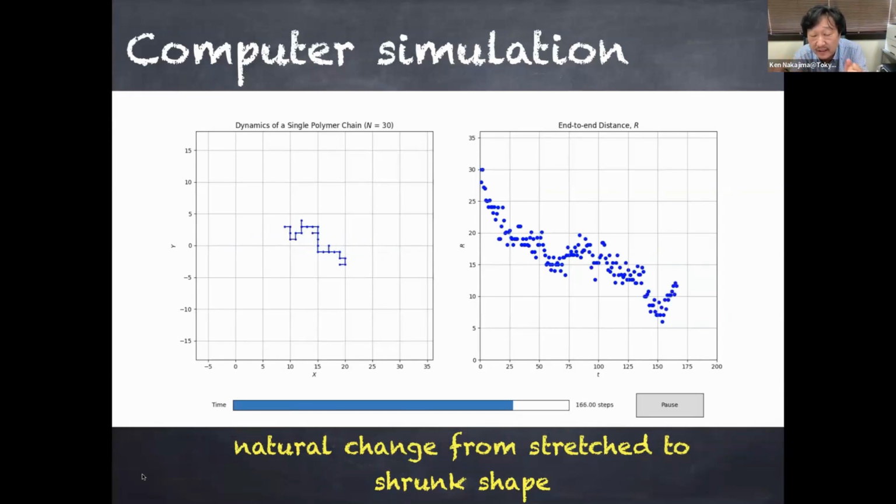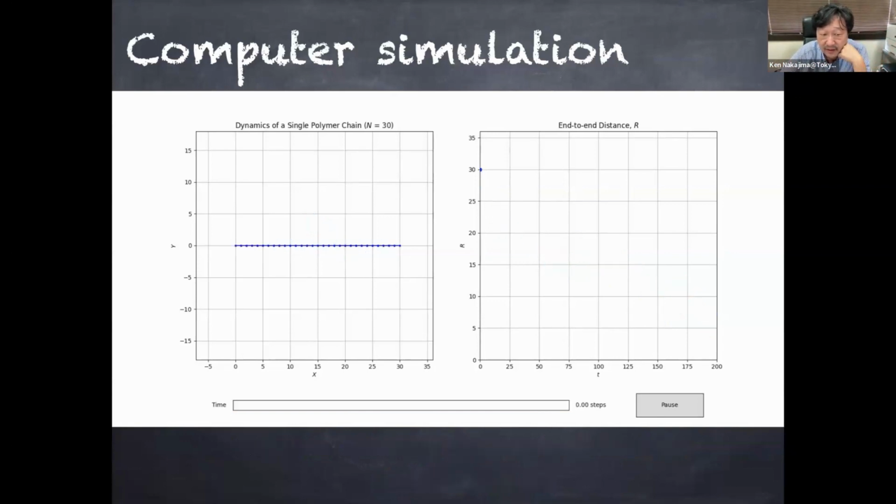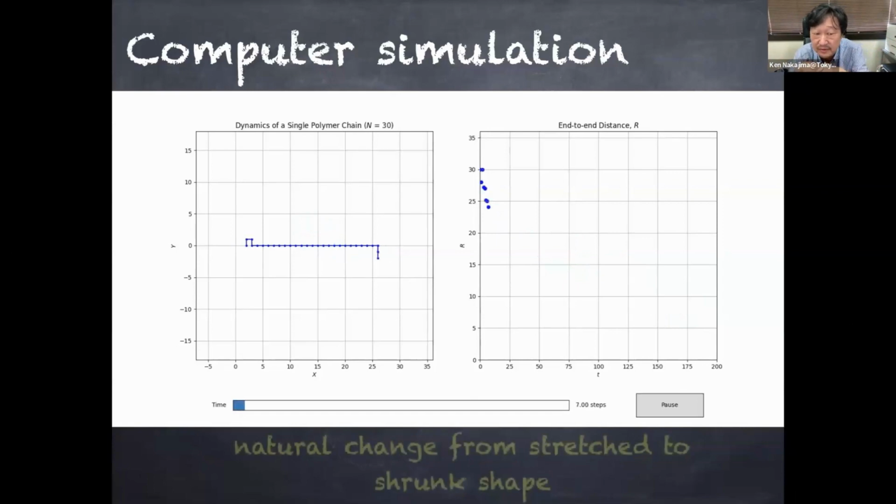Ask all of the components, they can freely move up or down, left, right, if possible. If constrained, then forget about it. At the beginning, of course, only the two ends can move. But once they start to shrink, all of the components can start to move.